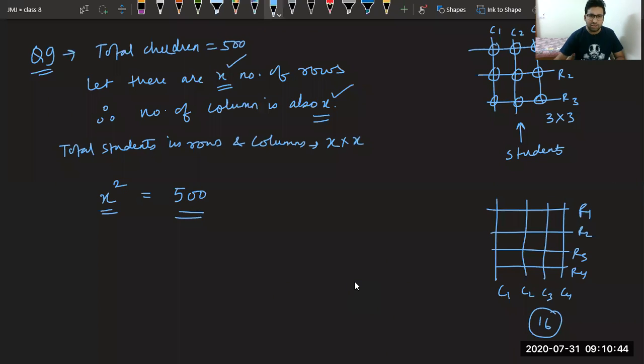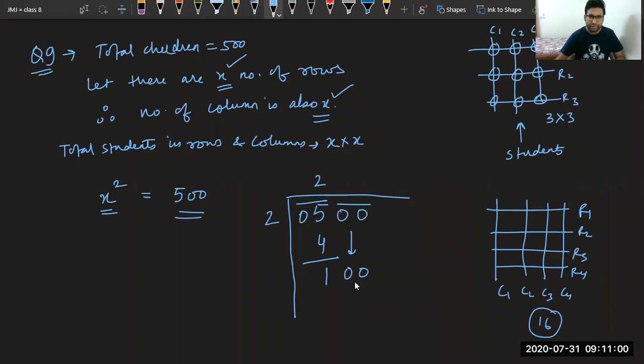Now let us check, is it a perfect square? So what will we get? 2 2s are 4, the answer will be 1, 00 will come down, we will make it twice. Now tell me, which number should we take?